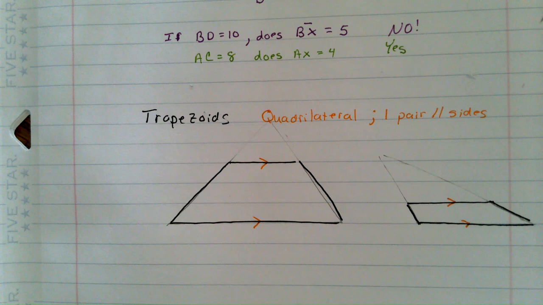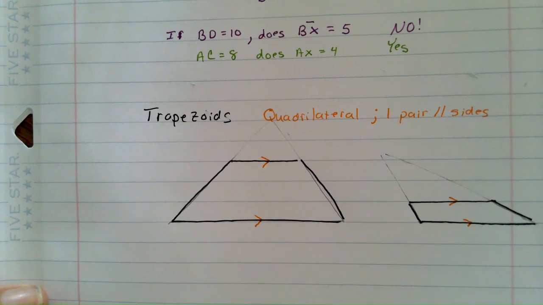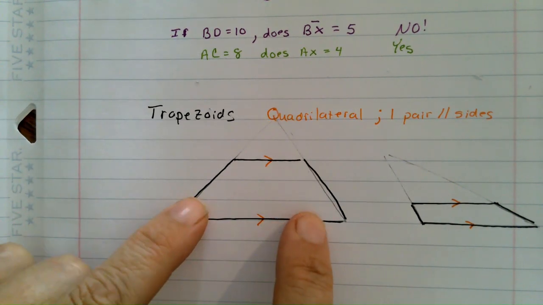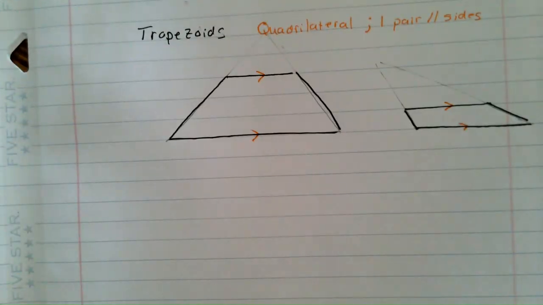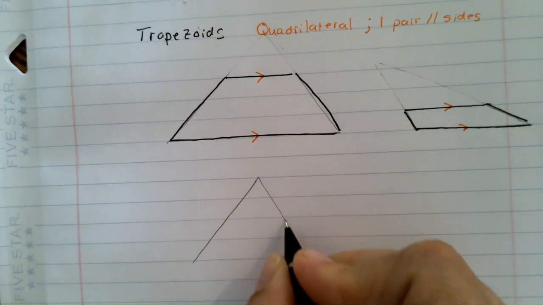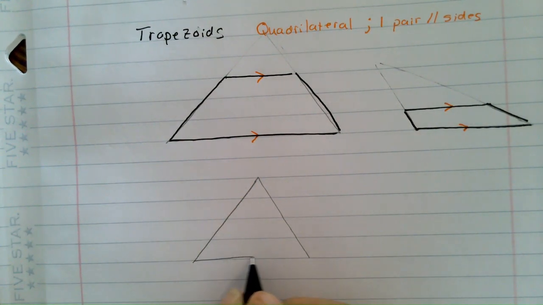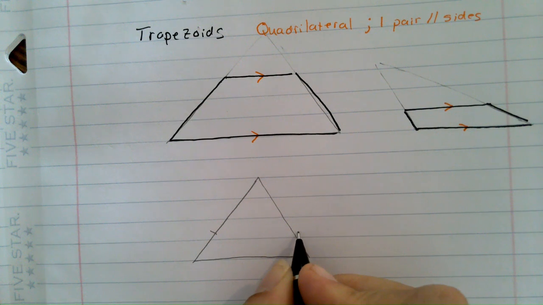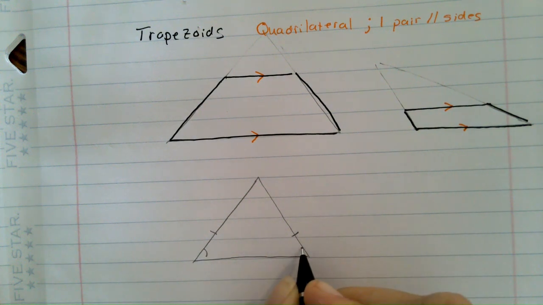Now, if you think isosceles triangle, which I kind of had an isosceles triangle drawn here, right? What do we know about isosceles triangles? If this side's congruent to this side, then this angle is congruent to this angle, right?